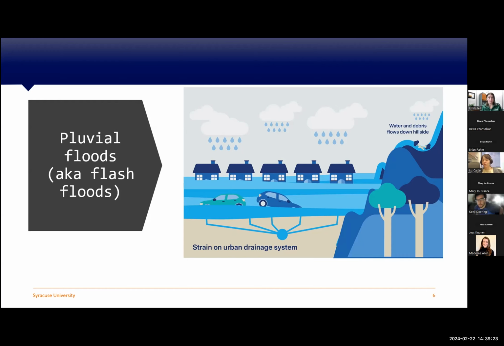And, increasingly pluvial floods are associated with failures or under-parameterization of our stormwater management system. And so pluvial floods, because they can happen anywhere, they don't necessarily happen next to a known body of water, are a little bit more challenging to measure than other types of floods.